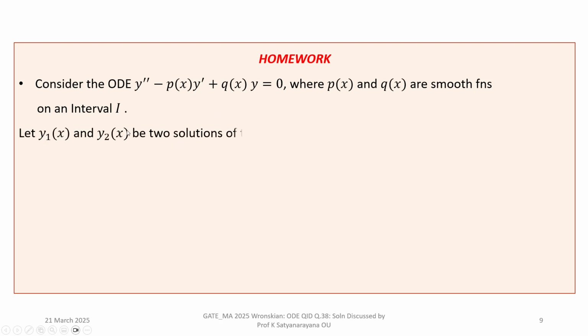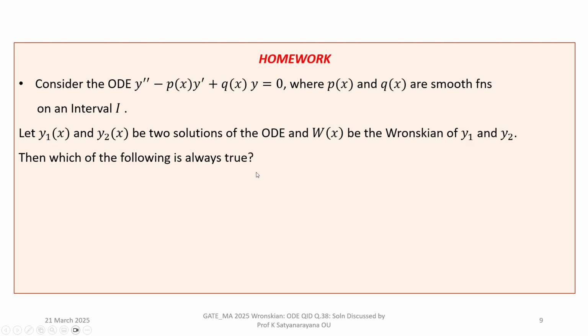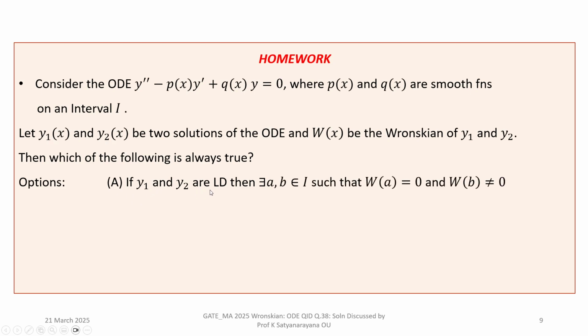Let y1 of x and y2 of x be two solutions of the ordinary differential equation, and w of x be the Wronskian of y1 and y2. Then which of the following is always true? We are given four options. Option A, if y1, y2 are linearly dependent, then there exist points a, b belonging to I such that the Wronskian at a is 0, but the Wronskian at b is not 0.